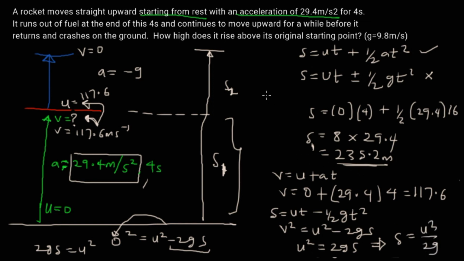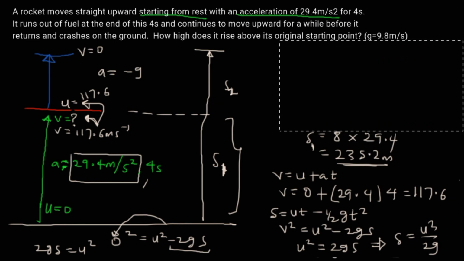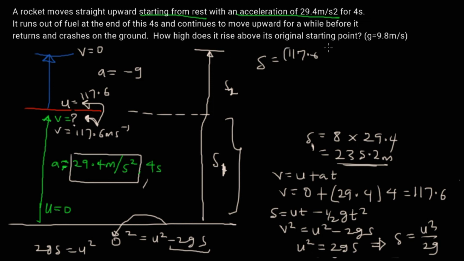Then u squared in this case is 117.6 squared. So s is equal to 117.6 squared upon 2g, that's 2 times 9.8.